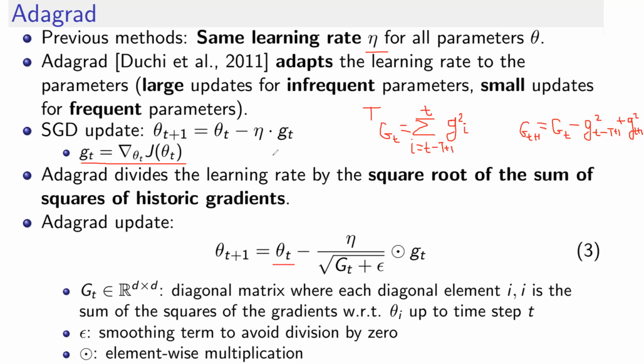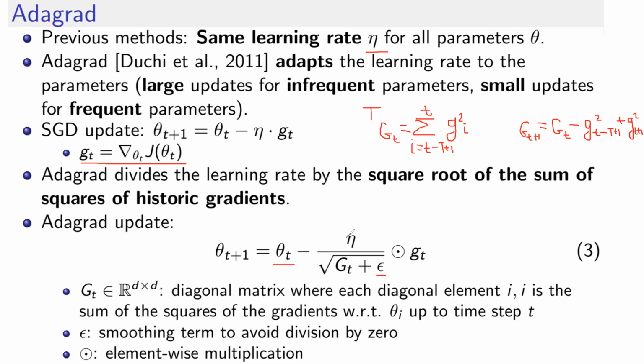So the gradient might have 0 values for different components of theta, and we would try to divide by 0, which is not good. So we add some smoothing term, which is just to avoid the division by 0.